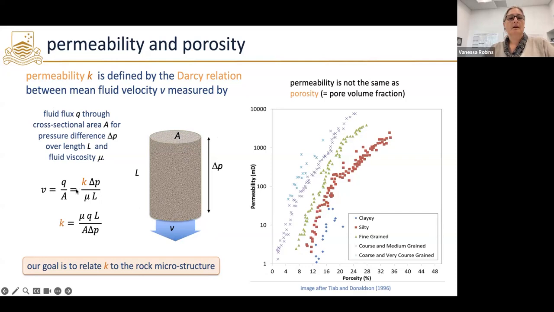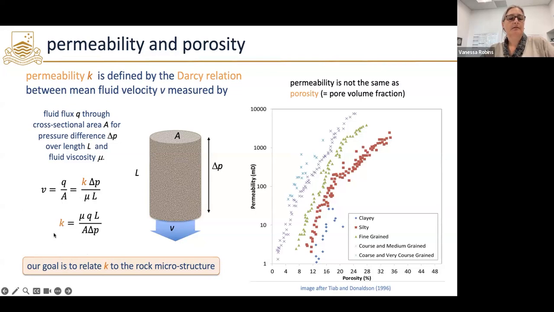And we'll see that the fluid velocity then depends on permeability. It also depends on this other parameter mu, which is the viscosity, right? Viscosity is measuring the thickness of the fluid. So water has a low viscosity, but honey has a very high viscosity.